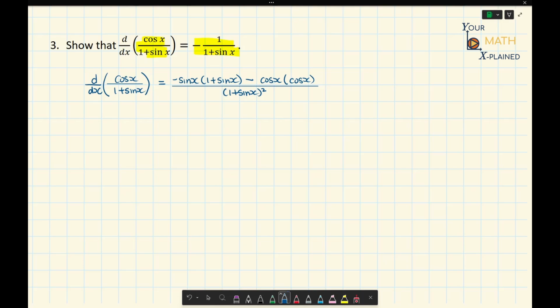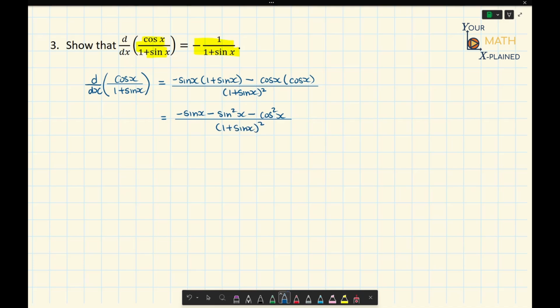Now let's go ahead and expand out our numerator. So we get negative sine x minus sine squared x minus cos squared x. And then the denominator, we're not going to expand that out. We're just going to leave it as 1 plus sine x squared.